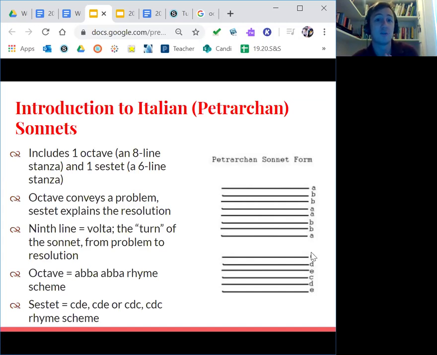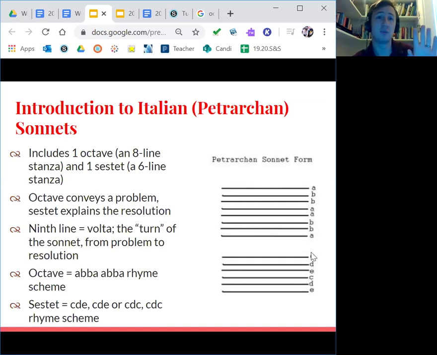The first line will be an A, the second line will be a B, the third line will be a B as well. So the third and the second line will rhyme together. The first and the fourth line will rhyme together with the A, B, B, A, A, B, B, A structure in the octave. You can use that to immediately differentiate between Shakespearean sonnets and Italian sonnets.